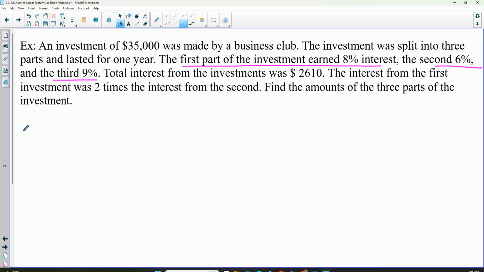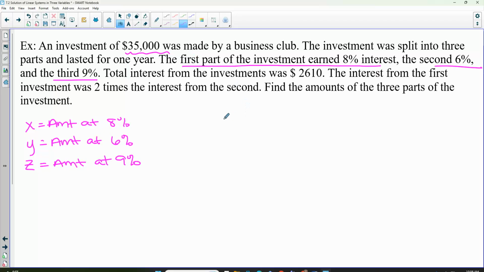So what are my variables? Okay, I already know it was 35,000 altogether, so what's my first equation?